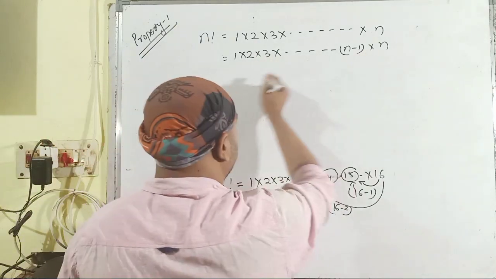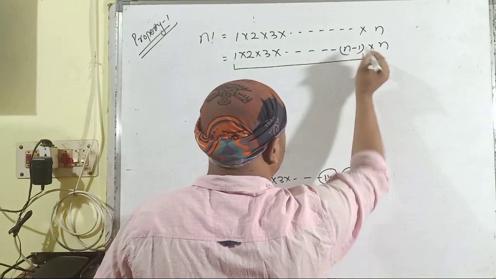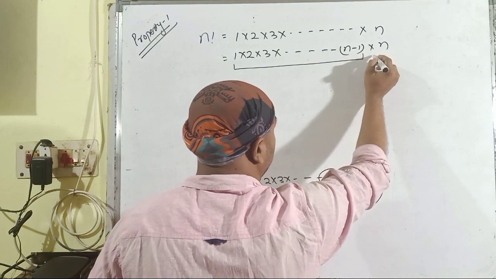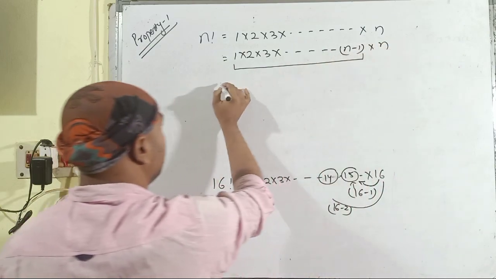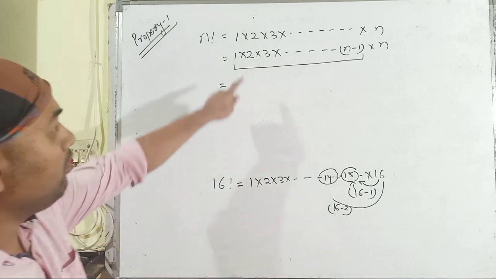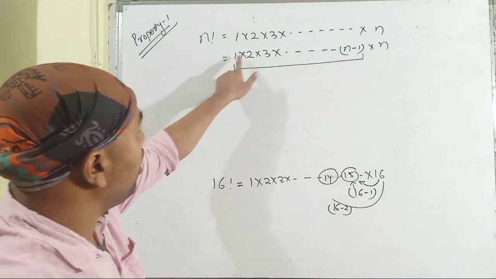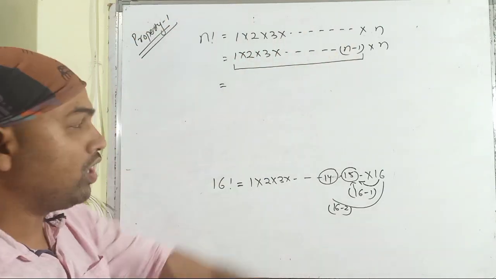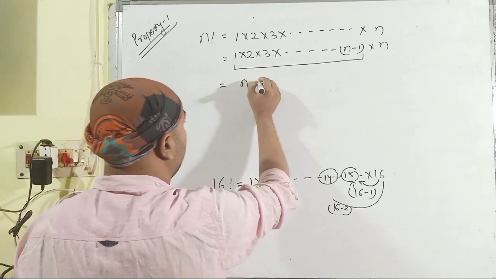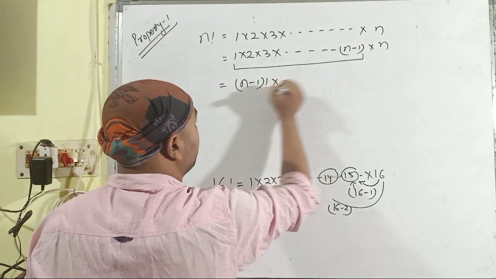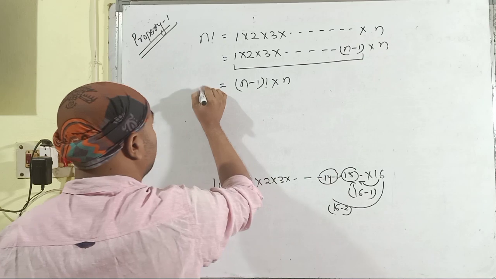Then, just excluding n here, we can write the multiplication of all the numbers from 1 up to n minus 1, which is factorial of n minus 1. The rest of the term is n.